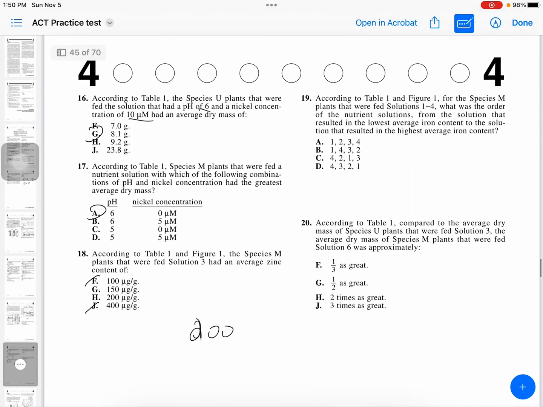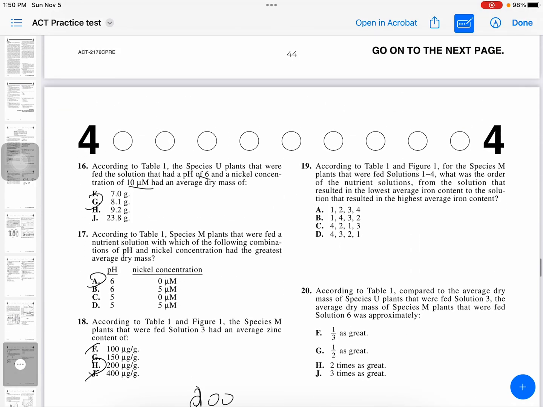Wow. Okay. According to table 1 and figure 1, the species M plants that were fed solutions 1 through 4, in the order of nutrient solutions from the solution that resulted in the lowest average iron content to the solution that resulted in the highest average iron content. So we want to order them. Species M, solutions 1 through 4, from the lowest iron content to the highest.